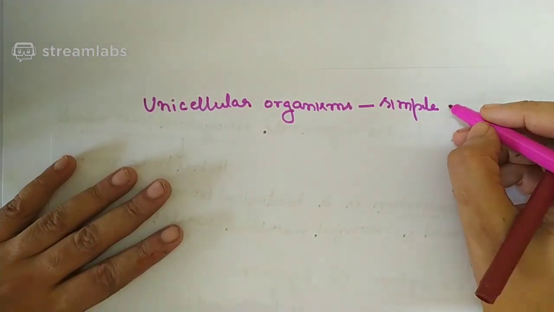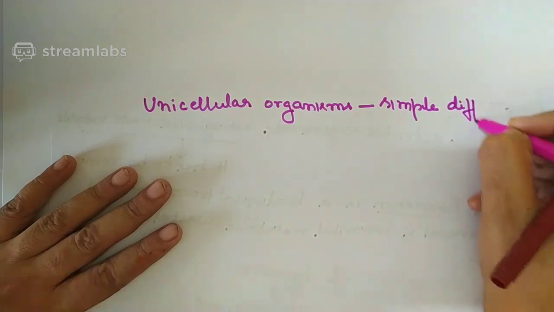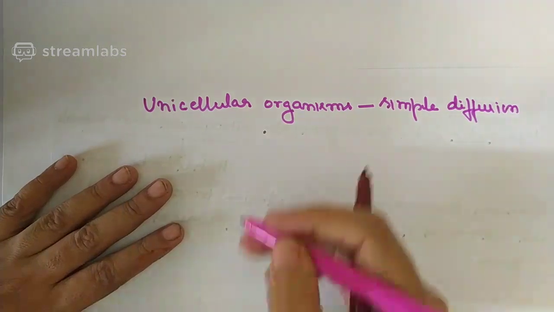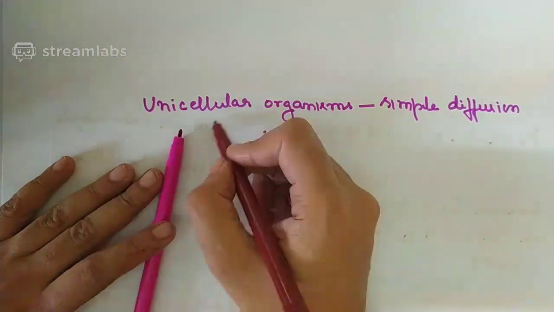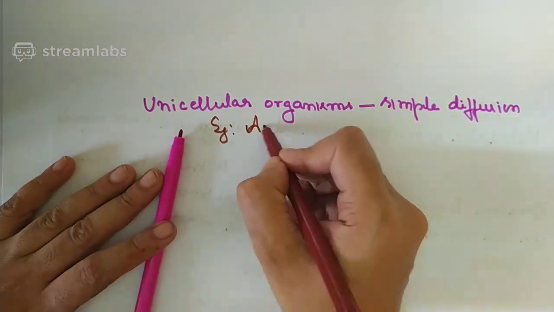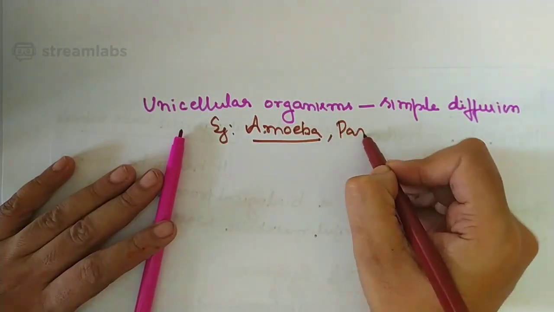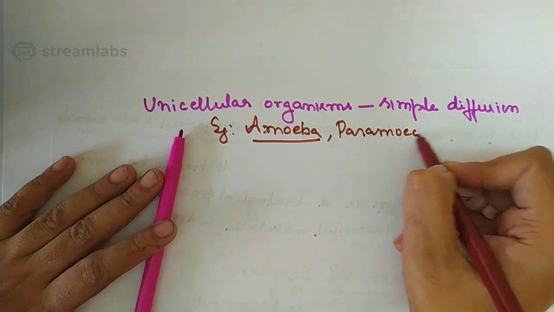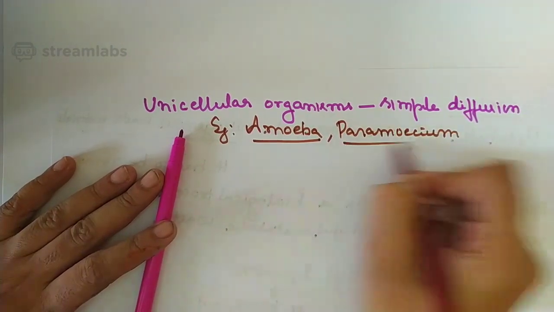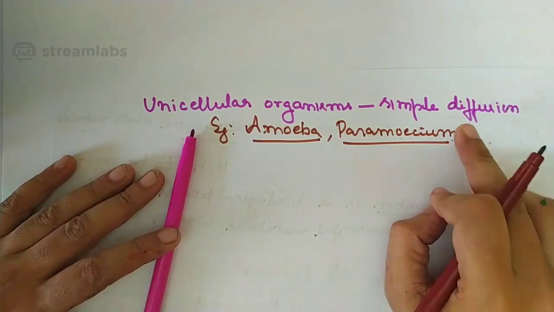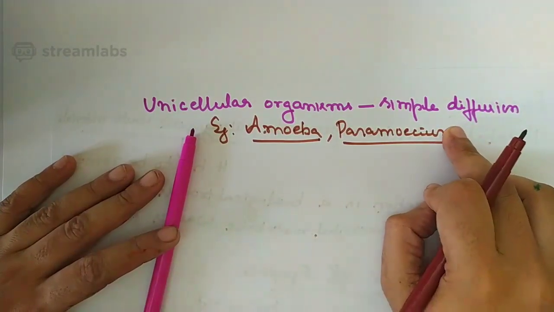Excretion is also going to take place through simple diffusion. What example can you give? Example you can give amoeba, you can give paramecium. All these are unicellular organisms where excretion can take place through simple diffusion.